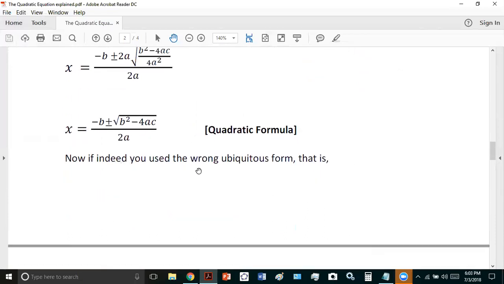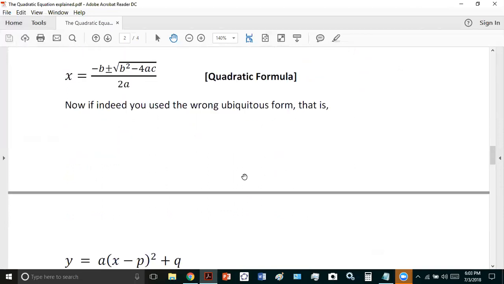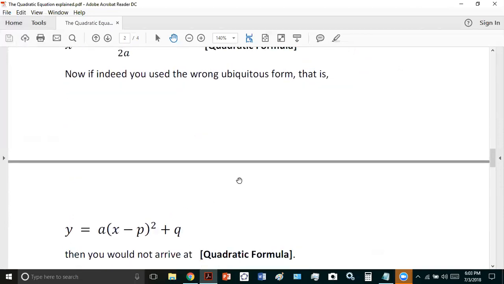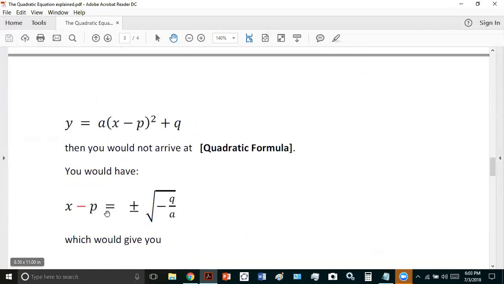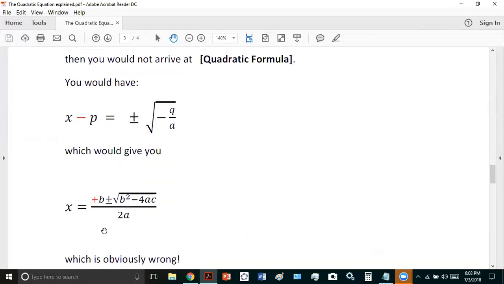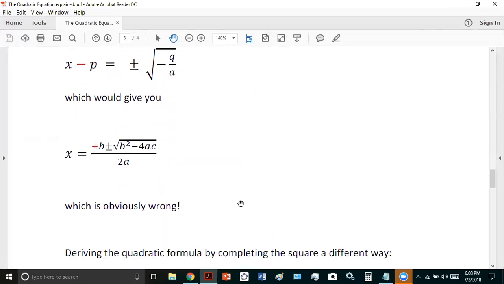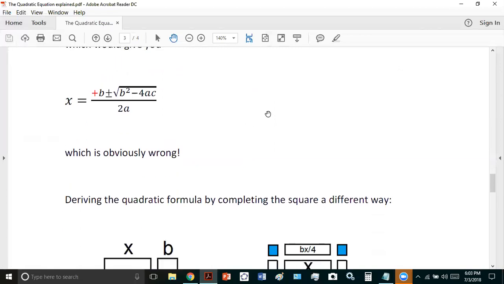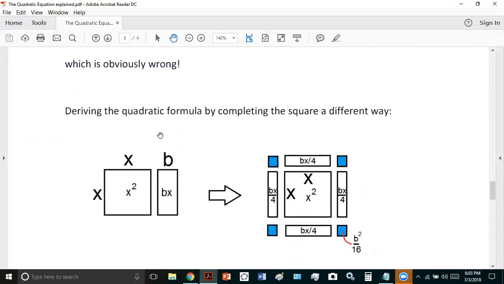However, if you use the wrong ubiquitous form, this nonsense here, then you would not arrive at this formula. You would have x minus b, which would give you plus b instead of minus b in the final formula, which is obviously wrong. You can check that in the document. I'll upload it later on.